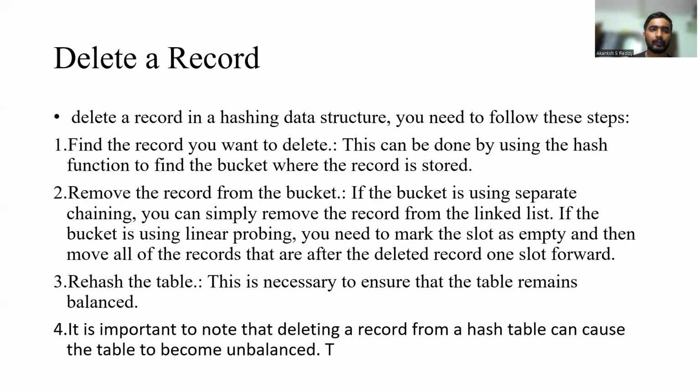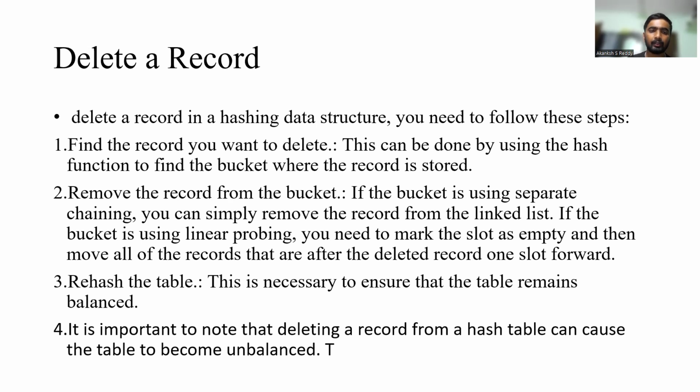Delete a record. To delete a record in the hash data structure, you need to follow these steps. First one, find the record you want to delete. This can be done by using the hash function to find the bucket where the record is stored. Second, remove the record from the bucket. If the bucket is using separate chaining, you simply remove the record from the linked list.